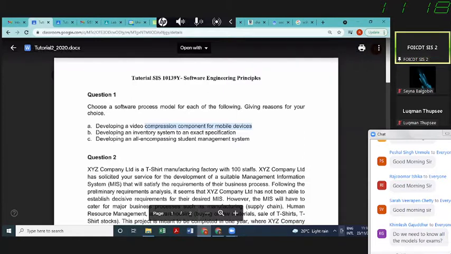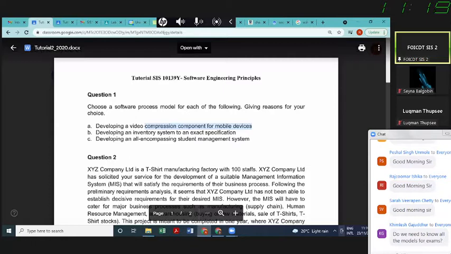You may choose incremental, though I would prefer perhaps the component-based reuse and waterfall model, but you may use this incremental model with the justification that you want this application to be rapid on the market, first as a first increment with the main features, and the other increments would contain the other expected features at a later stage.